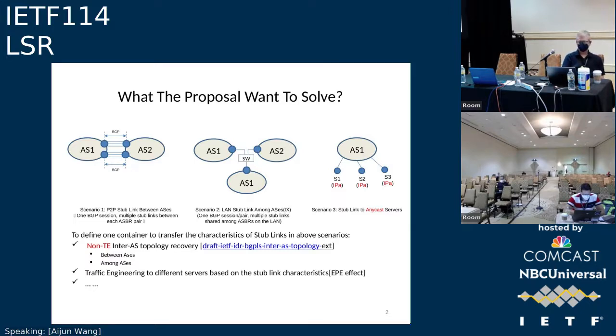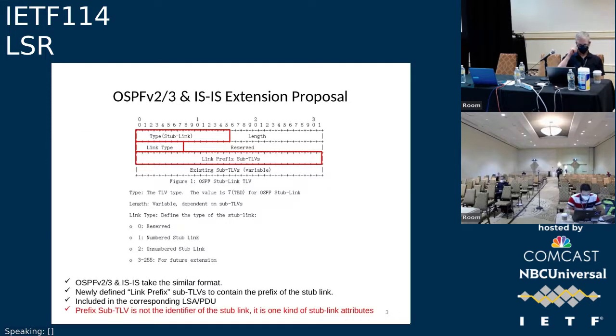And as pointed out on the mailing list, there are also other scenarios that may use such information to select the best BGP next hop. We can add it later in the document. So I think the related protocol extension is simple.